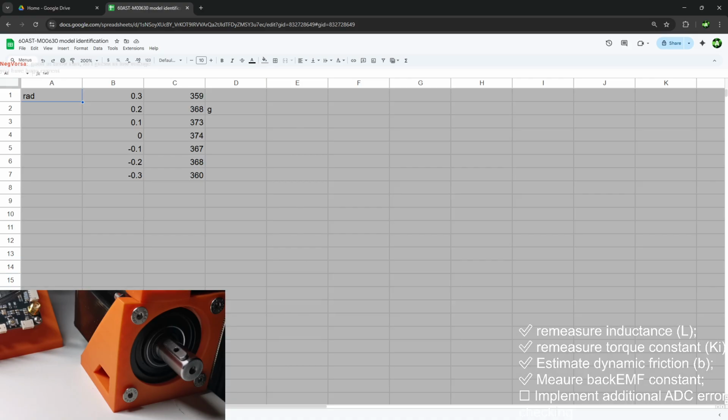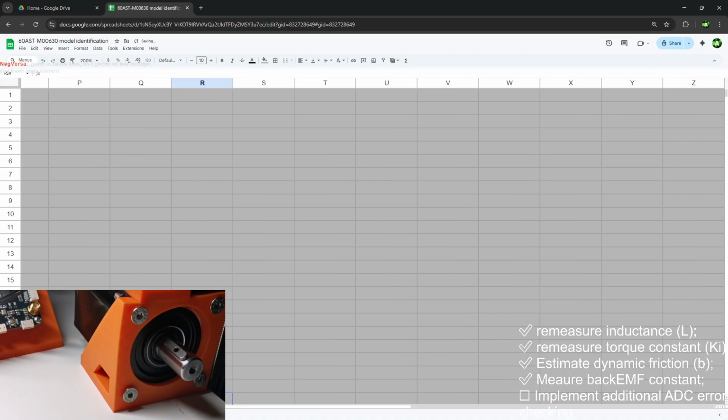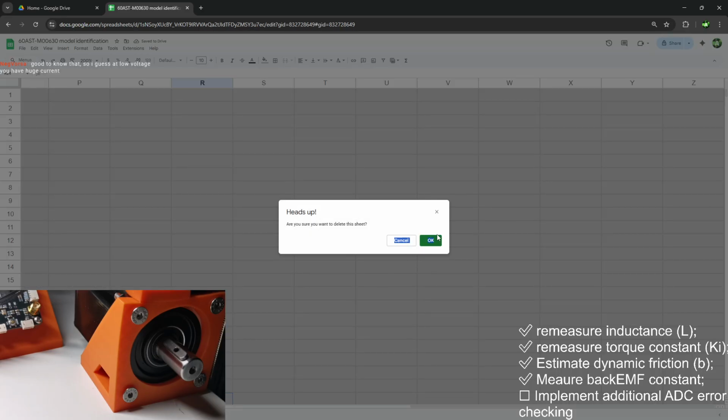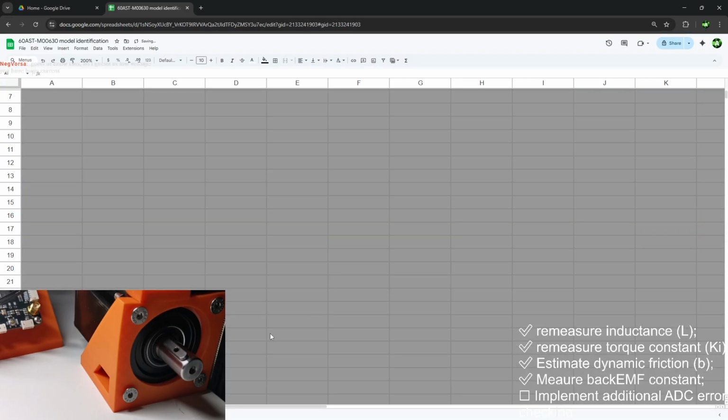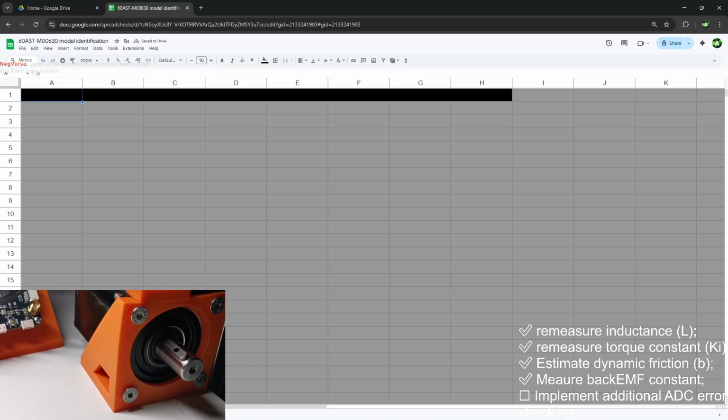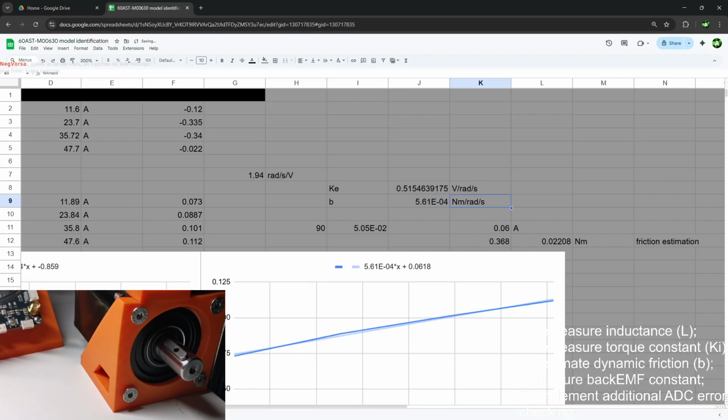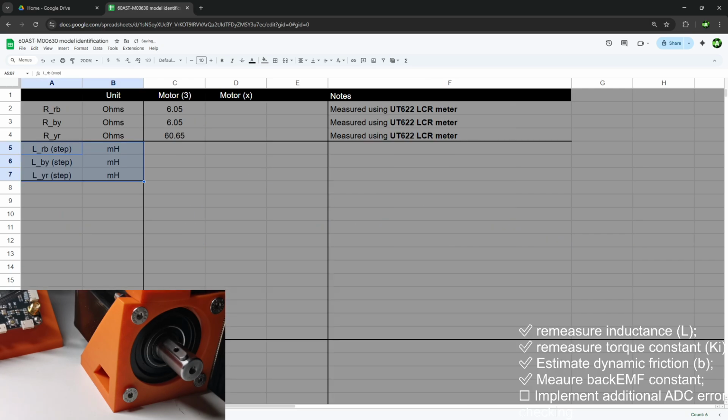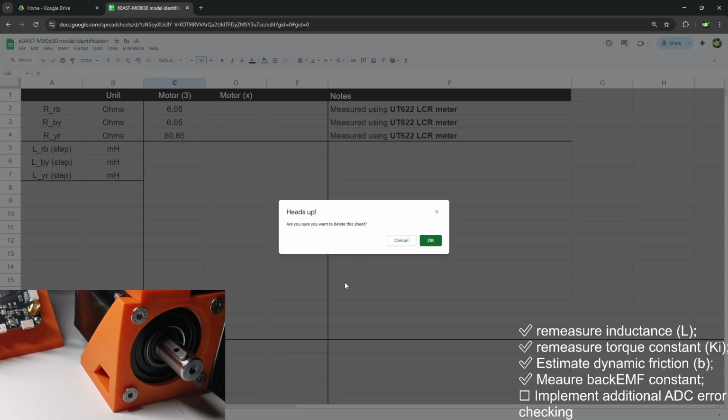Way smoother. What the hell is this? I remember. Remove. Remove. This is not needed because I do this here, and I need to rename it to KE and B. And here, I don't really think I need this page at all because I don't have any additional things, just measurements.